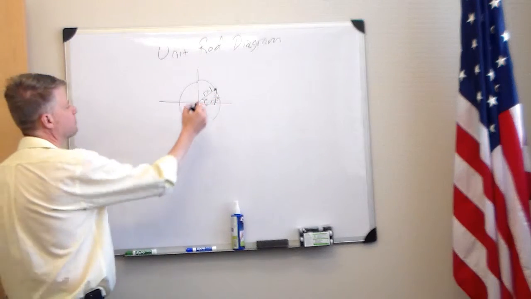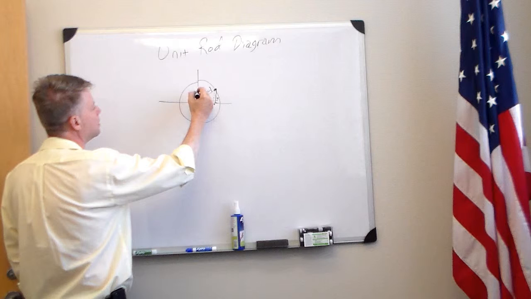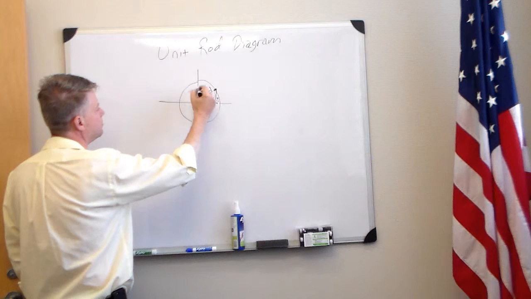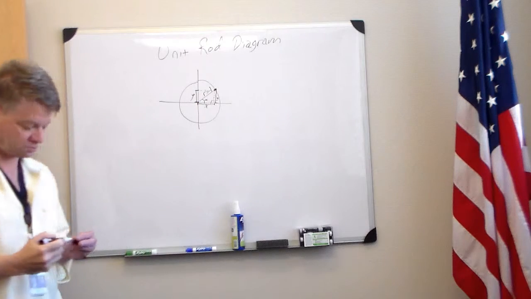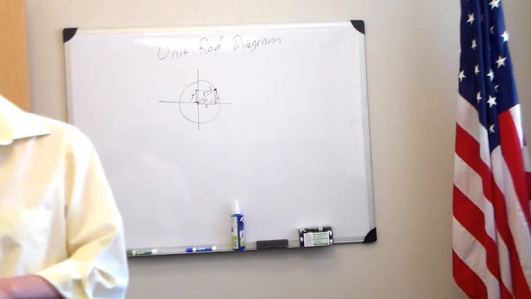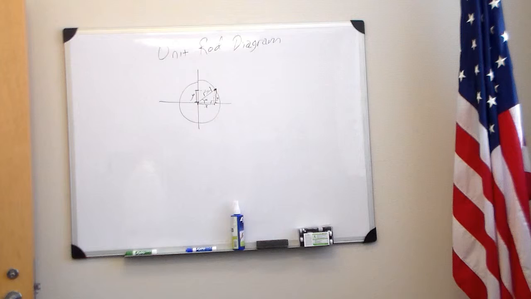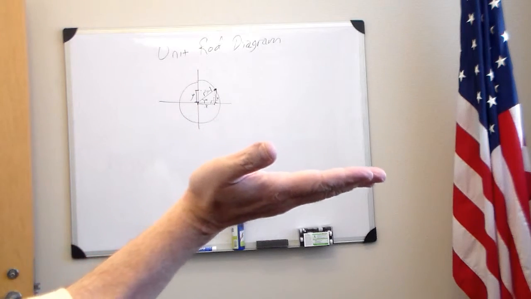So we have some value of Y, which is the same as that. We have some value of X. And this is true as we take that unit rod all the way around.